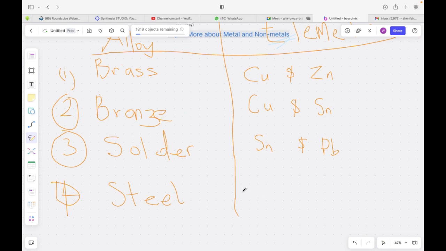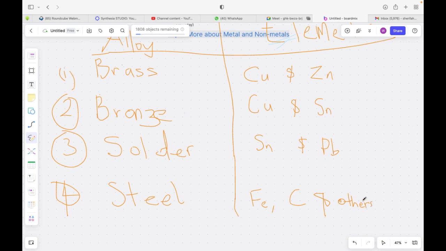Iron is Fe, right? Iron is Fe, the symbol. Iron, carbon, and other elements. Things like zinc also. Okay, and others.